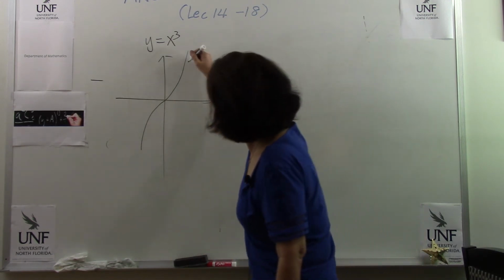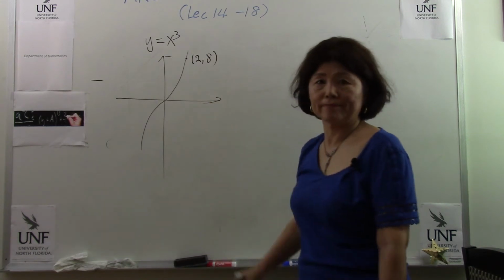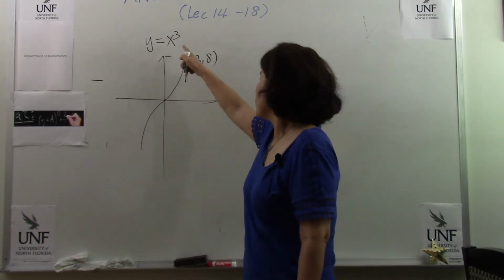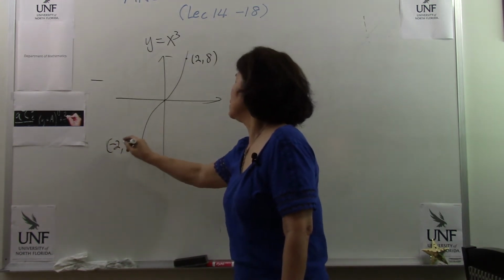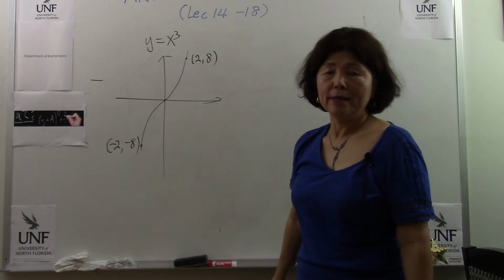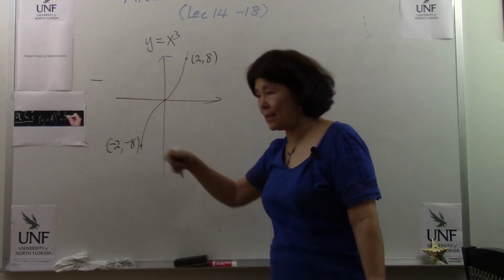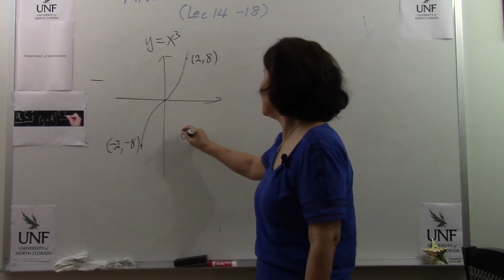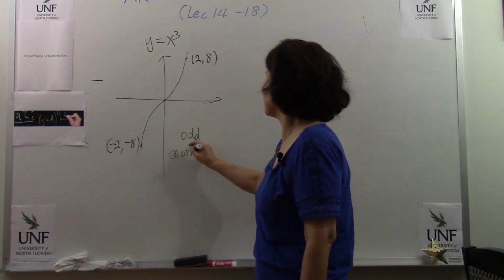Look at the points, for example here, (2, 8), and (0, 0) of course. And when x equals negative 2, negative 2 cubed is negative 8. So as you see, it goes to the opposite, going through the origin. So this is an odd function, with symmetry about the origin.